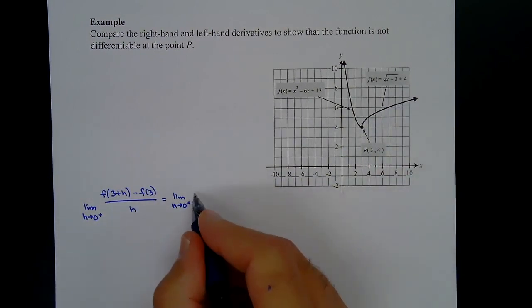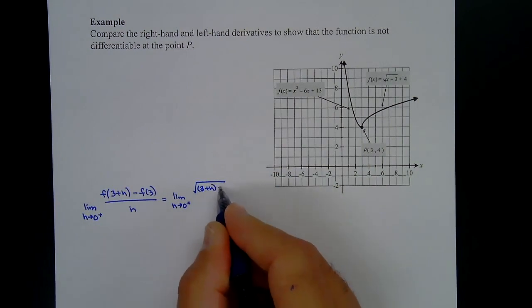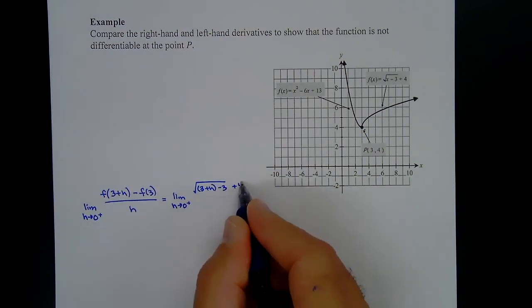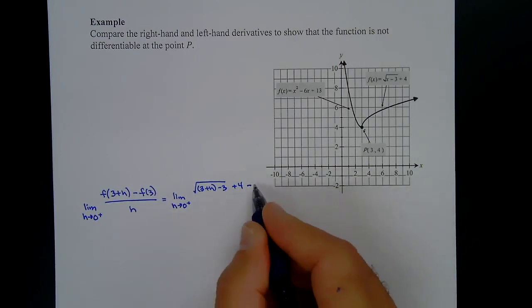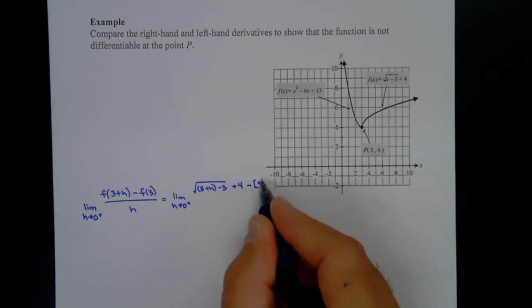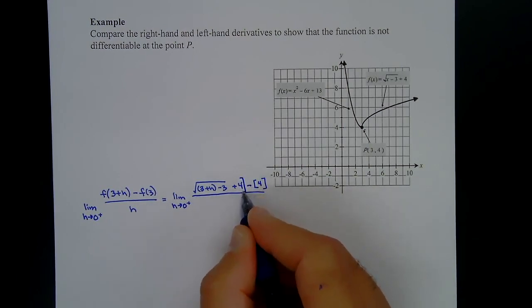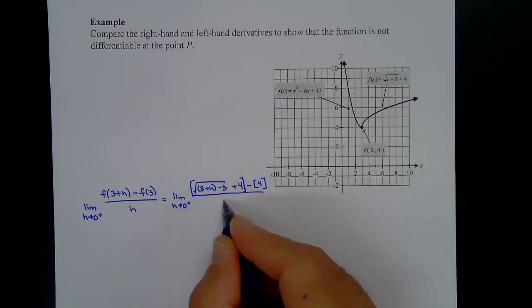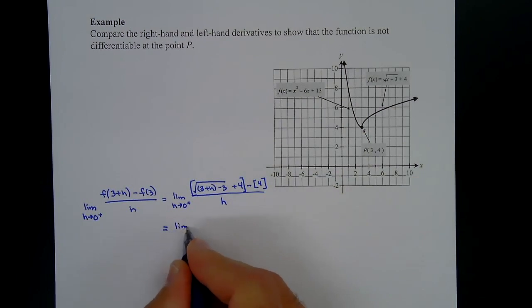So this would be the square root of 3 plus h minus 3, plus the 4, and then minus f of 3, and that would be 4. And I should have put brackets around that. All over h. And so this is equal to the limit as h approaches 0 from the right.